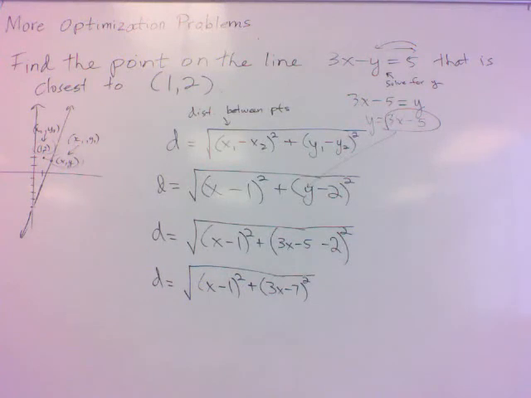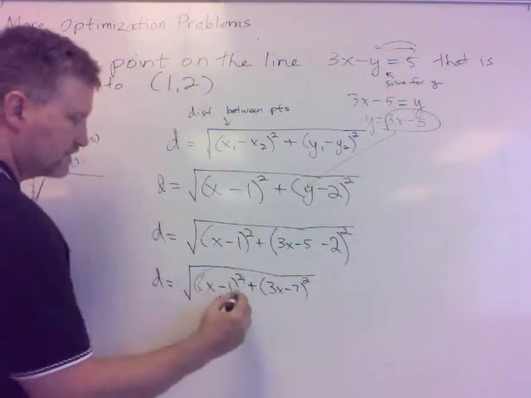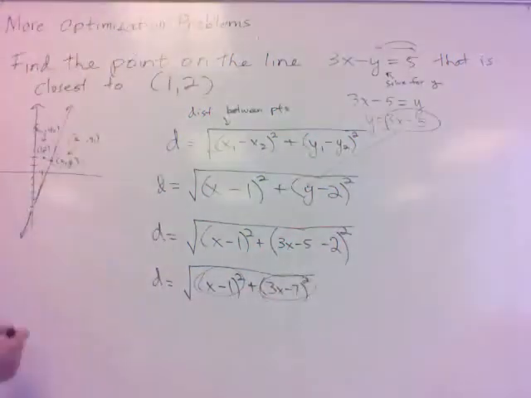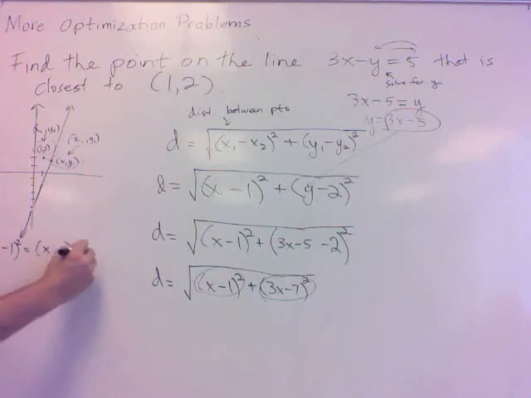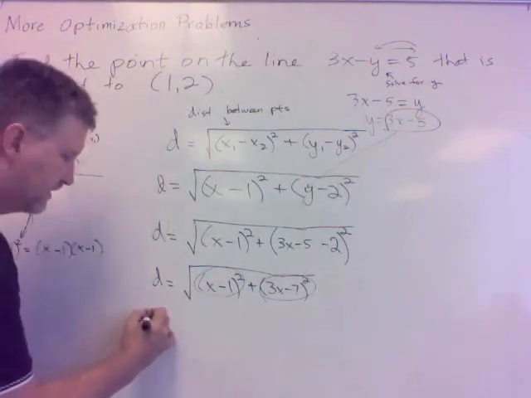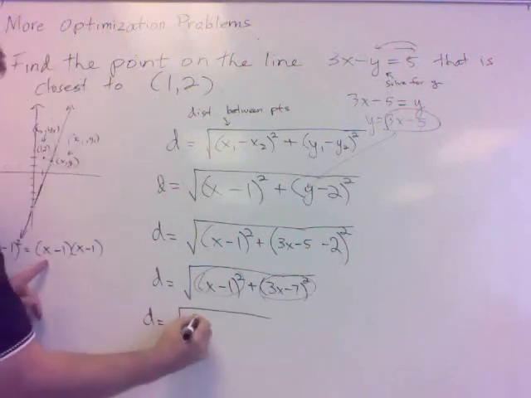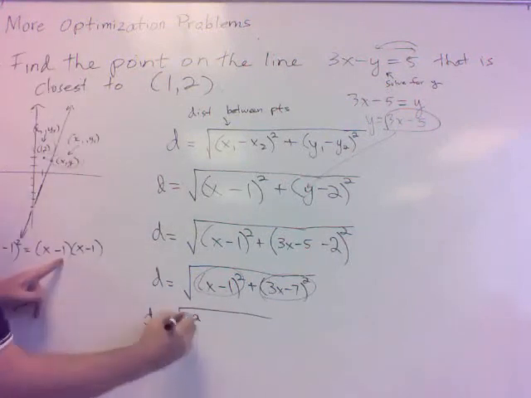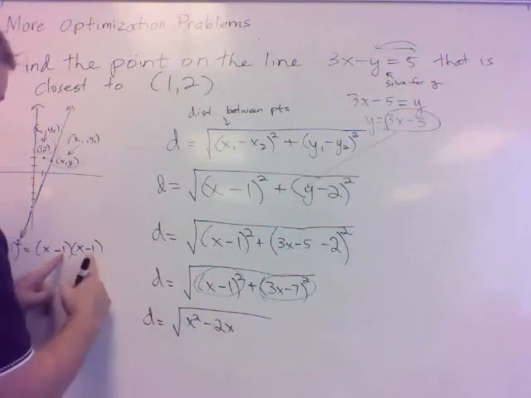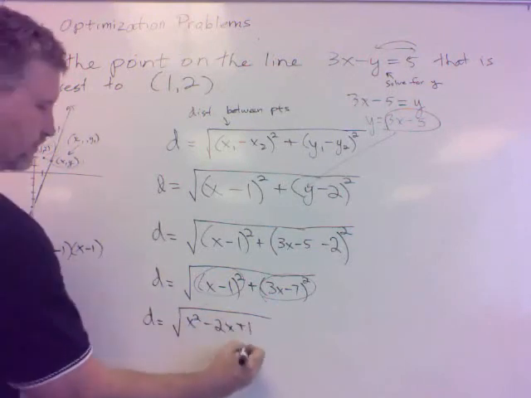Now there's a couple of pointers here as to how to get the derivative of that. I would go ahead and square these two out. You know what I mean? (x minus 1) squared, however you want to get that. Yeah, square those out. So that'll get me d equals the square root of, that'll be what? x squared minus x, minus 2x, then minus 1 times minus 1 would be plus 1.